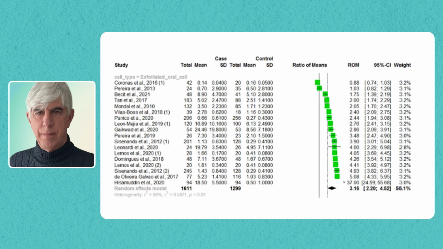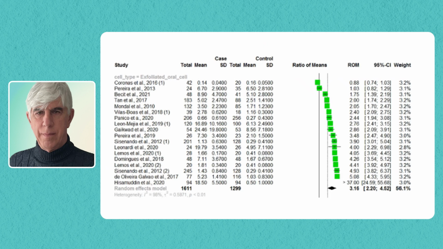The line like this is the line of frequency ratio equal to 1, which means that there is no difference between exposed and controls. And you see here that almost all studies, but two, had a significant increase in micronuclei frequency in exposed populations.